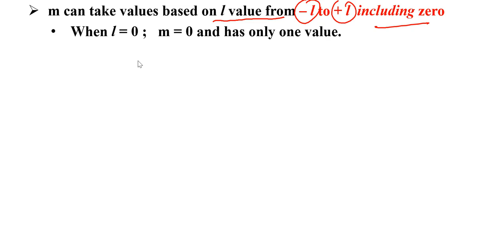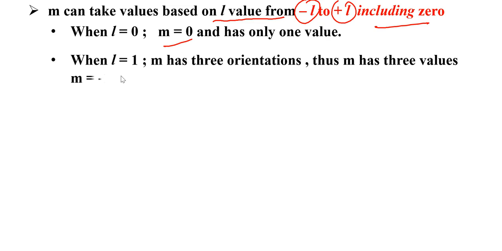When L equal to 0, M value is only 0. When L equal to 1, obviously M value will be minus 1, 0, plus 1, including 0.